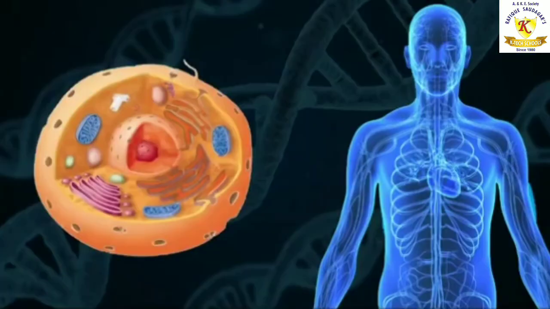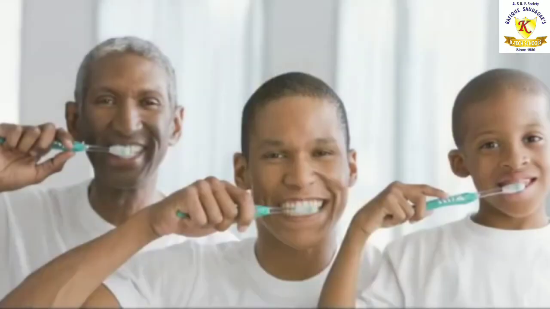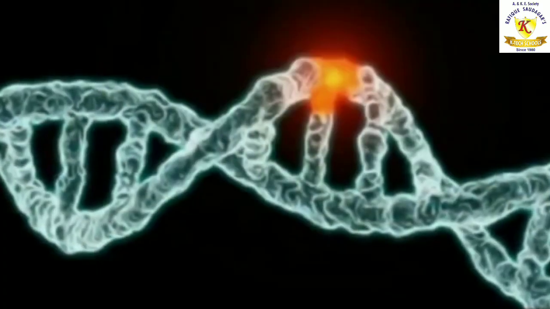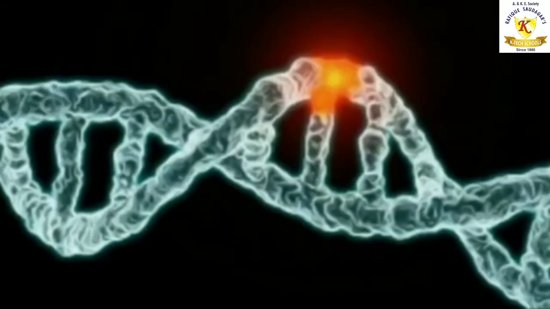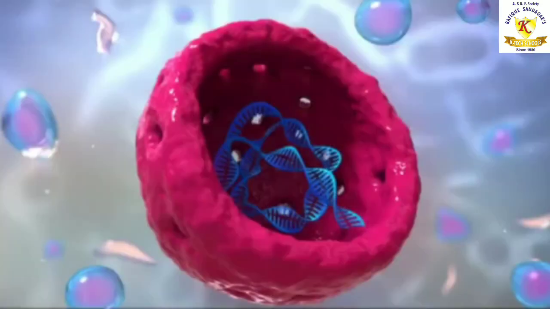Living organisms can produce new individuals like themselves due to genes only, and some of those genes are transmitted to the next generation without any changes. Due to this, some of the characters of parents are transmitted to their offsprings.